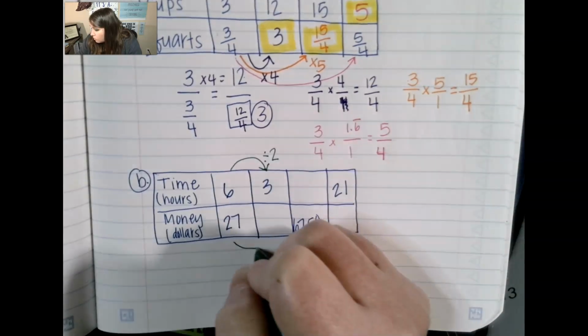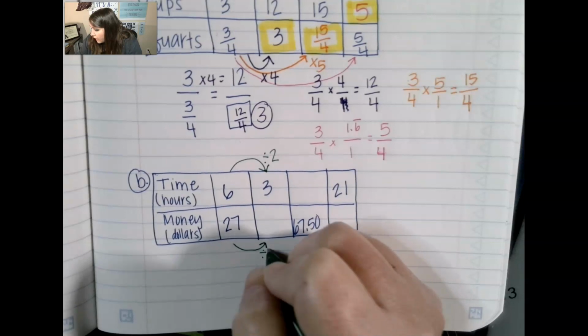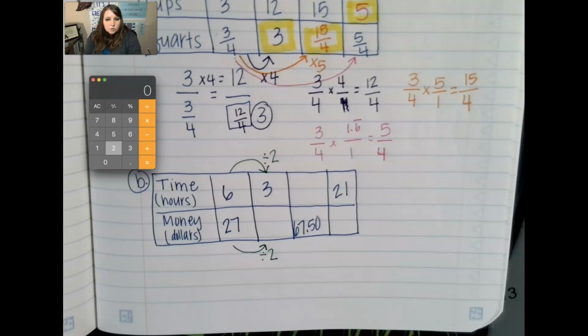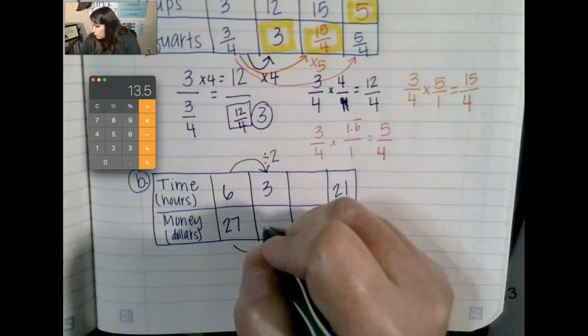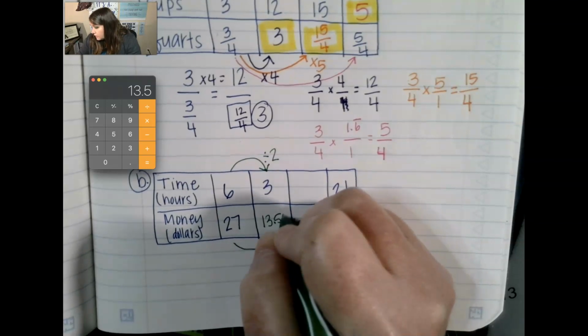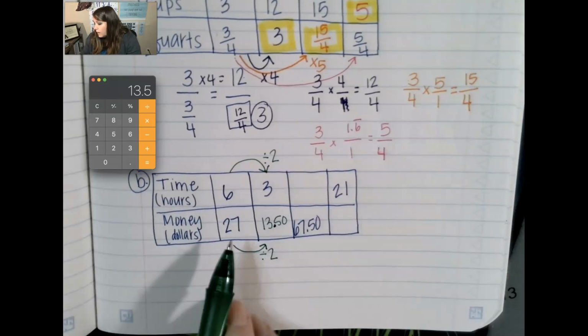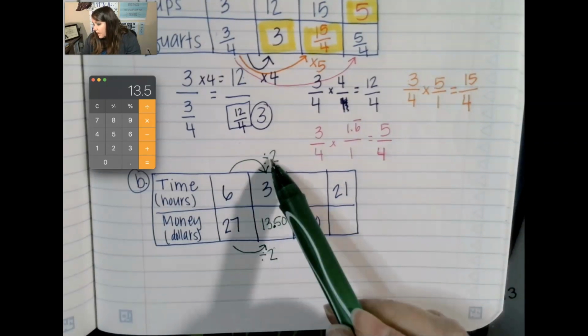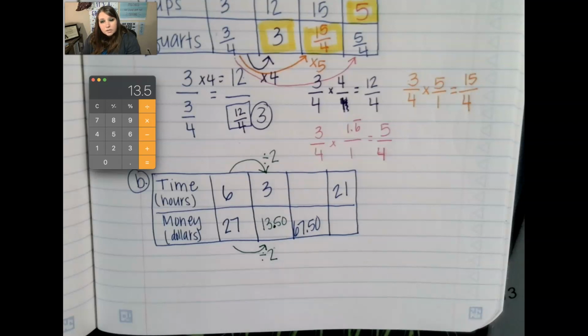So on this bottom one, I also need to divide by 2. $27 divided by 2 is going to give me $13.50. So to get from 6 to 3, I had to divide by 2, so I need to do the same thing on the bottom to keep it equivalent. Let's go to the next one.